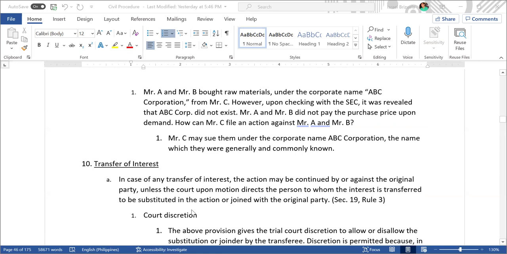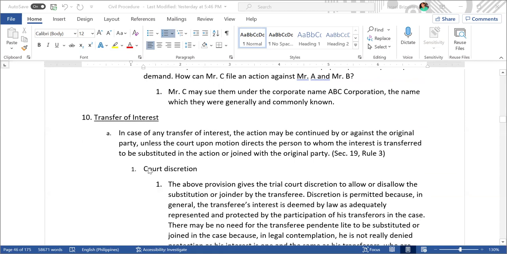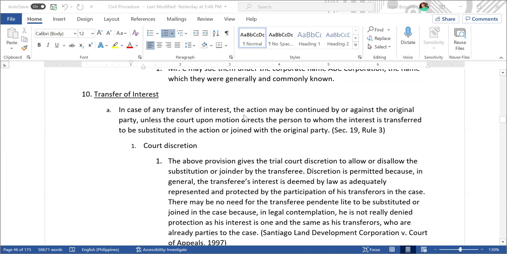Next, transfer of interest. In case of transfer of interest, the action may be continued by or against the original party unless the court upon motion directs the person to whom the interest is transferred to be substituted in the action or joined with the original party.